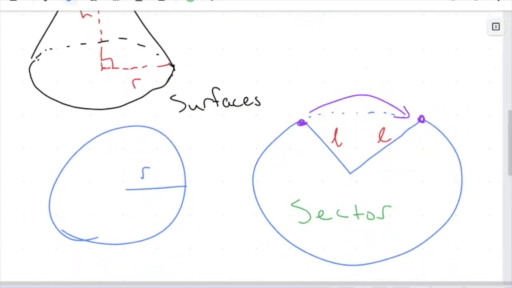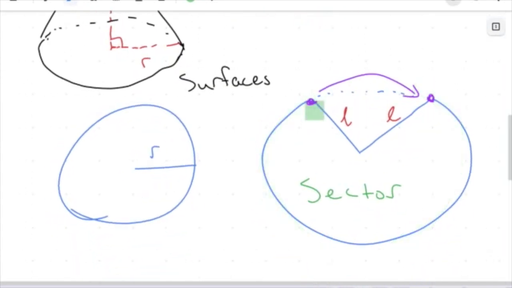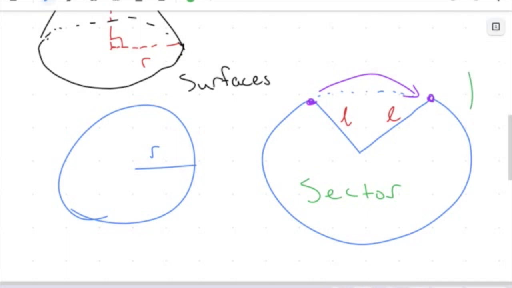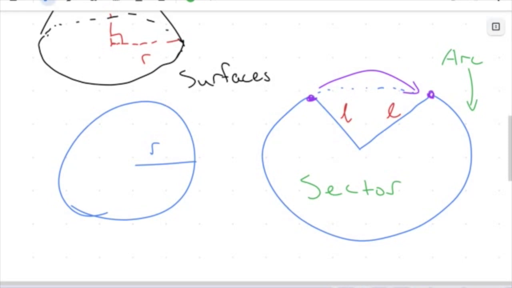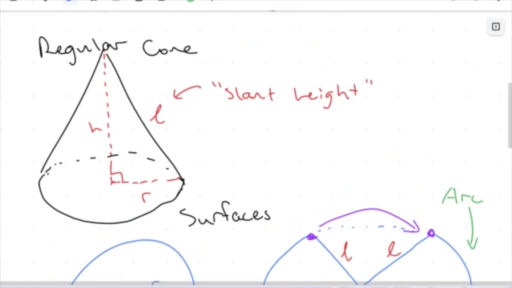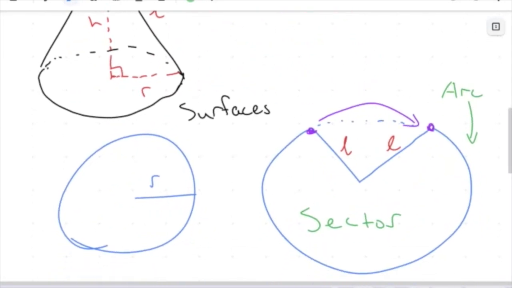Okay, now let's consider another thing in how this gets constructed. Once we fold the arc, so let's actually label that too, when we fold these two bits together on our sector, the arc length has to fit perfectly onto the circular base. What that's essentially saying is that, in order to make this a proper cone, our arc length has to equal the circular base.